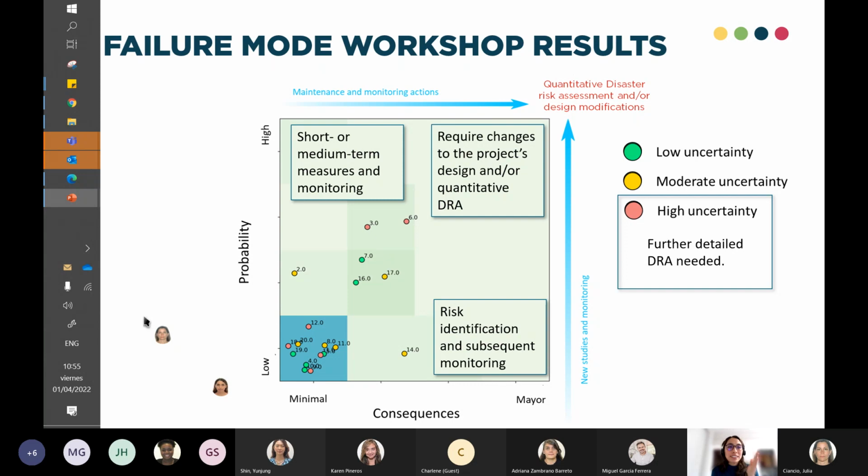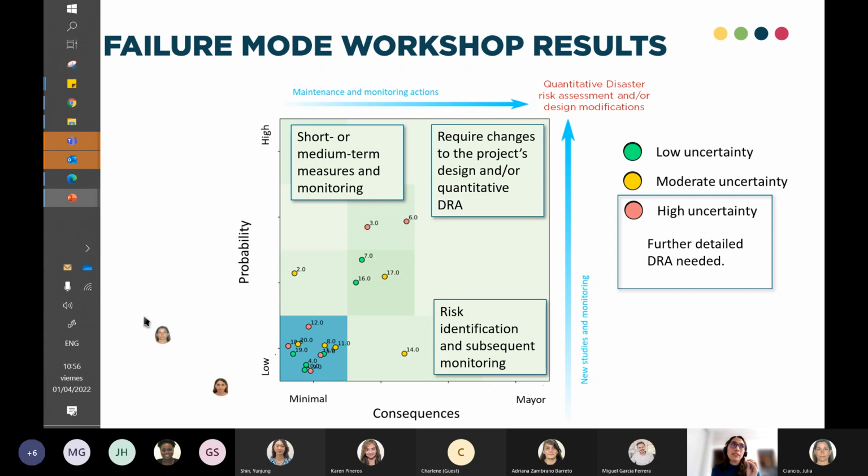All of these activities are going to be included in this management plan, and the implementation of these activities is going to be supervised in the execution phase of the project.